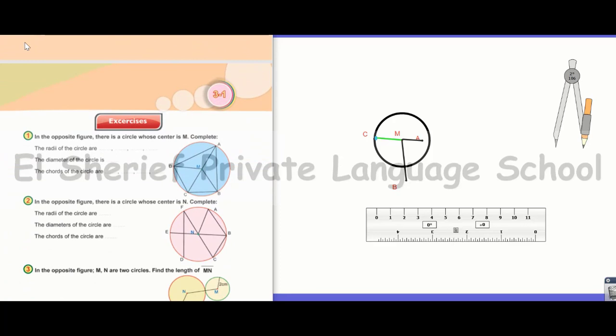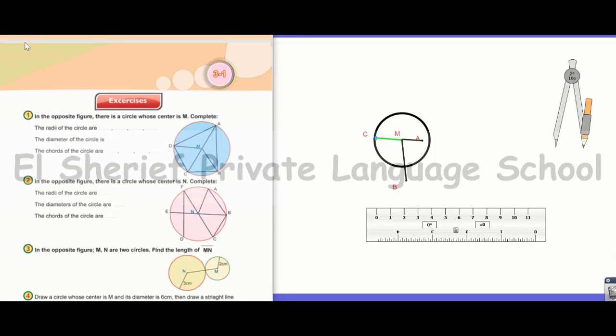An exercise. In the opposite figure, there is a circle whose center is M. Complete. The radii of the circle are what? The radius joins the center and any point on the circle.